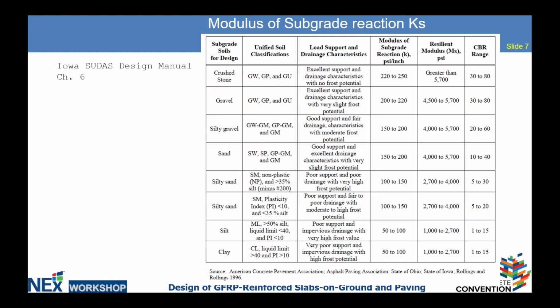And then you have this table that came from the American Concrete Pavement Association and the Asphalt Pavement Association. It's based on soil classification. If you look at sand or silty gravel, for example, it's giving you sort of the same kind of range.